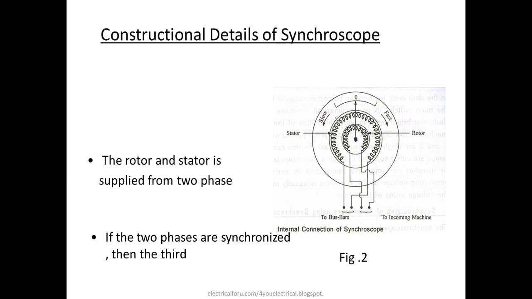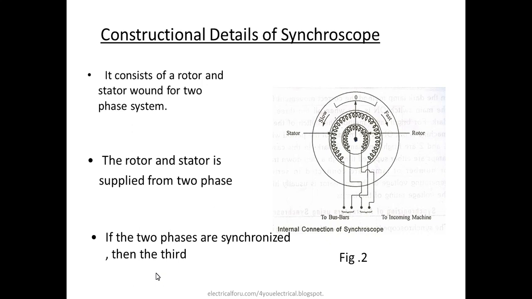So let us see the construction details of the Synchroscope. The rotor and stator are supplied from two phases, that is, of the incoming machine. It consists of a rotor and stator wound, a two-phase system.